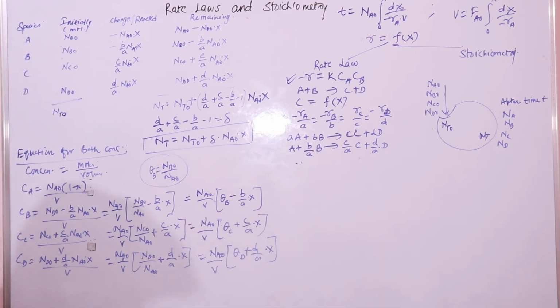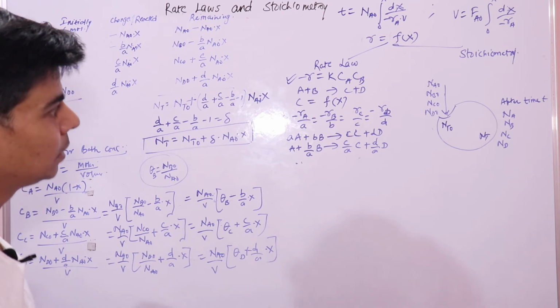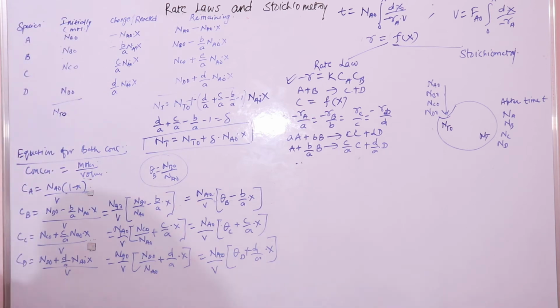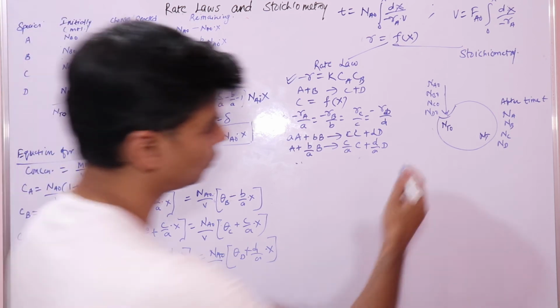Now we have to further simplify this. We will consider this batch reactor as a constant volume batch reactor. We will consider this system as constant volume.